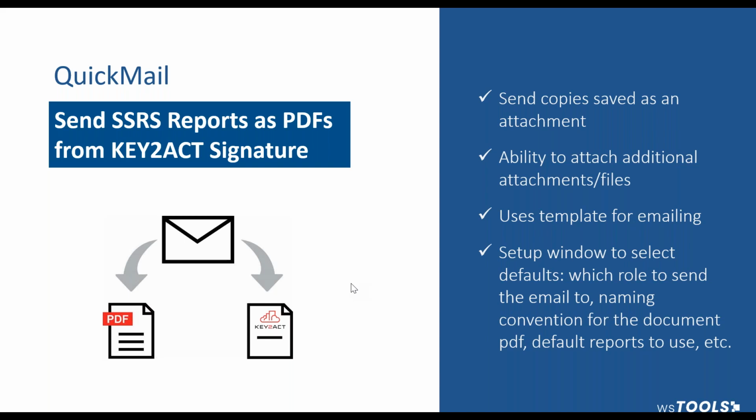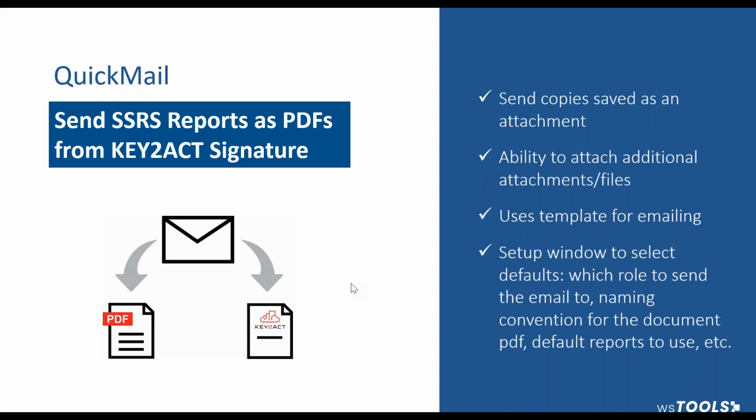And lastly, setup windows. We'll walk through the whole process and talk about setup again at the end. As we go through the process, there are several things you can determine about how you want QuickMail to work for you. It starts with which windows you want QuickMail to work in, because it might depend on who has access to certain windows, and from a process standpoint maybe you don't want invoices emailed until they've been posted.